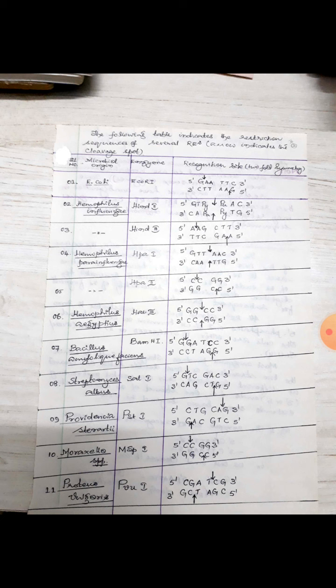EcoR1 is extracted from the bacterium Escherichia coli and the recognition site is GAA-TTC. That means in a DNA molecule, where you get the sequence GAA and TTC, that site happens to be the recognition site for the enzyme EcoR1.